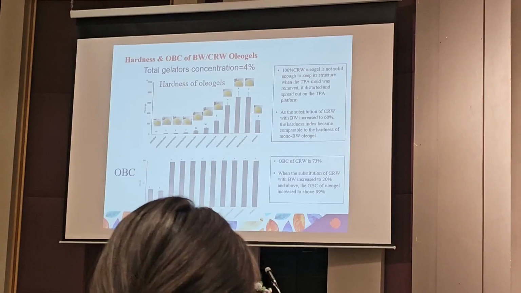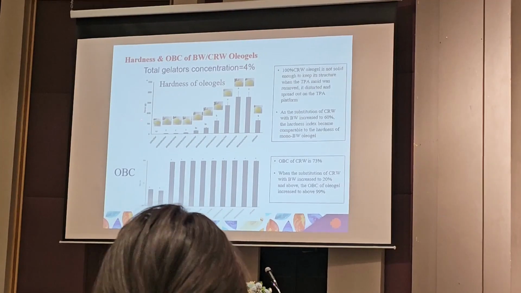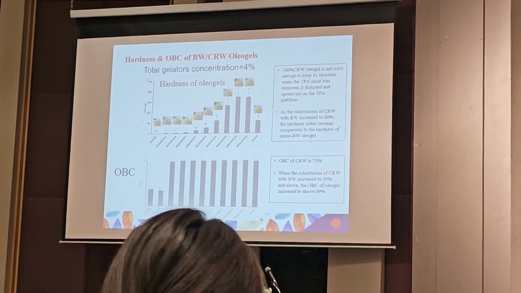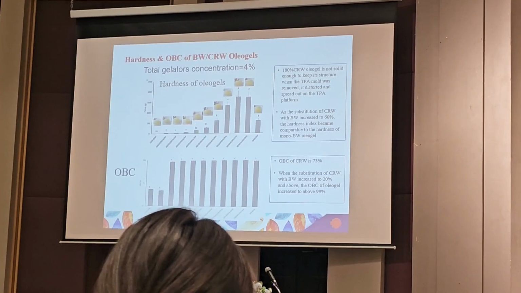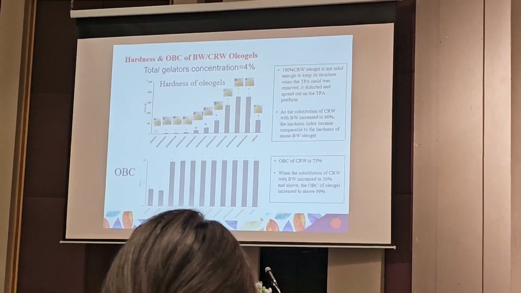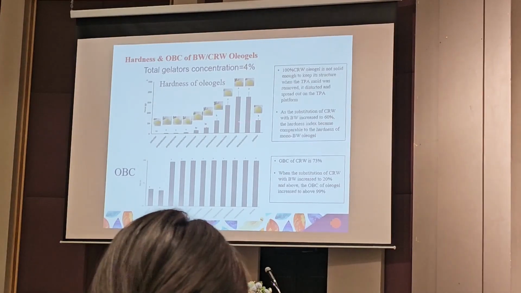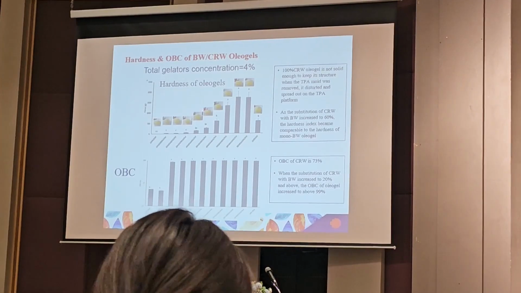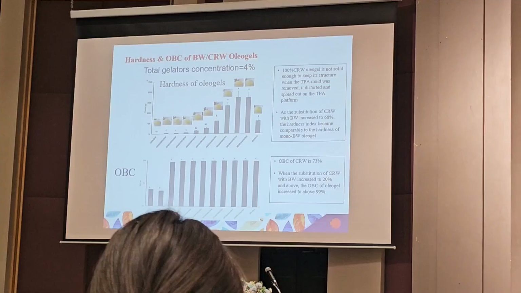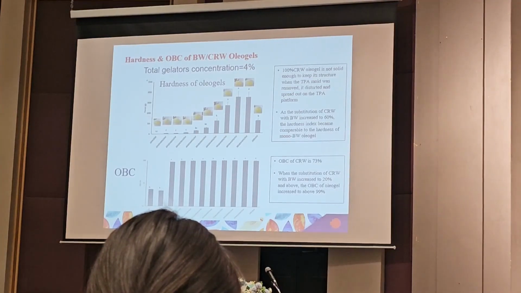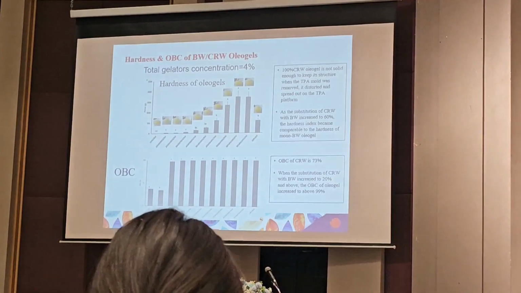However, if we mix it with beeswax, its hardness, which is tested with a texturalizer on this scale, goes higher and higher, and it can even overcome the highest hardness we get from beeswax. So we can play with these two, bring down the concentration that we need, and at the same time increase the hardness of the system.